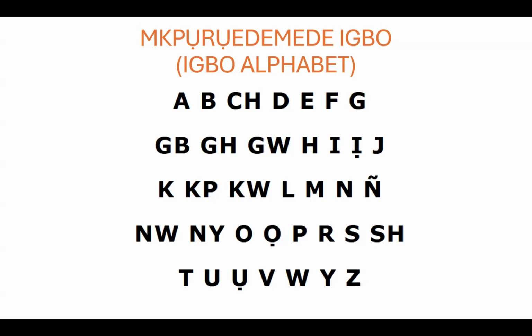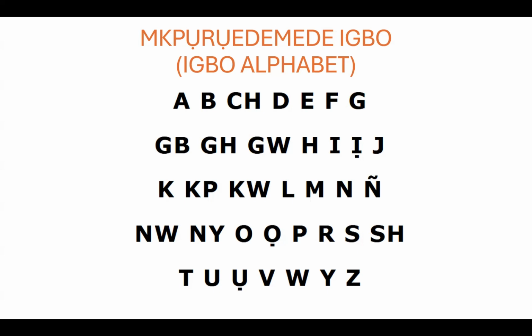And one beautiful thing about Igbo is that Igbo words are spelled the way they sound. You know how in English you say something and then you spell it a different way? Like the word in English, no, that starts with K. You'll be wondering how did K get in there.